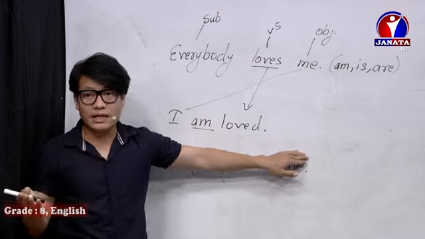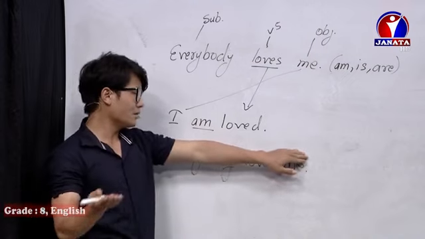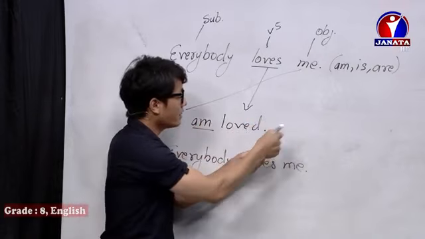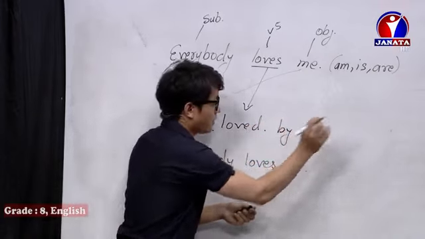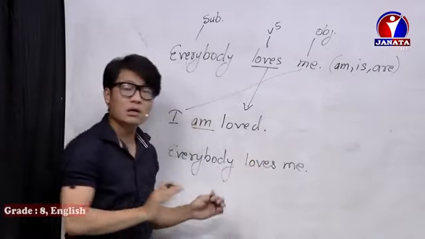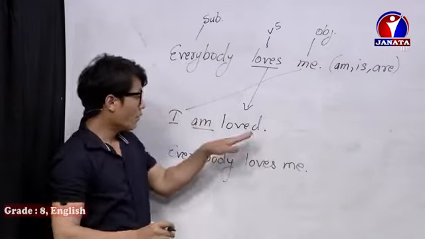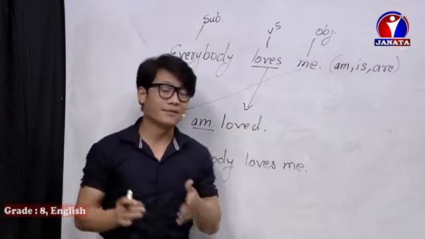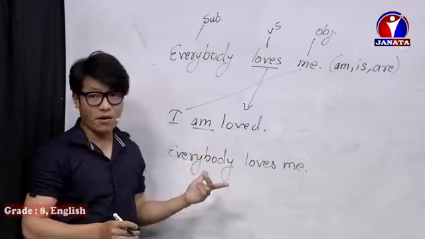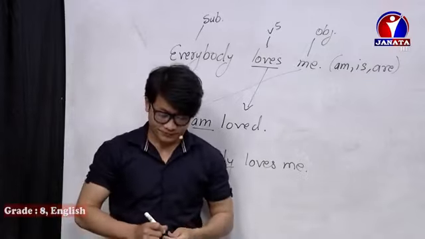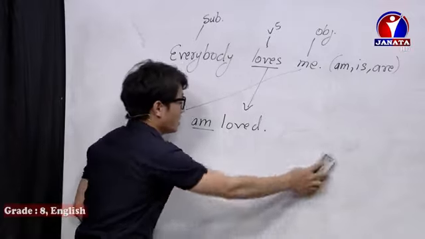I am loved is a passive voice sentence. If you are asked to change it into active voice, you should not be confused, though most students get confused because there is nothing written after "by". But you should not be, because when there is nothing, you should be sure that there is a vague subject, and it can be everybody, everyone, someone, somebody. You can write anything.